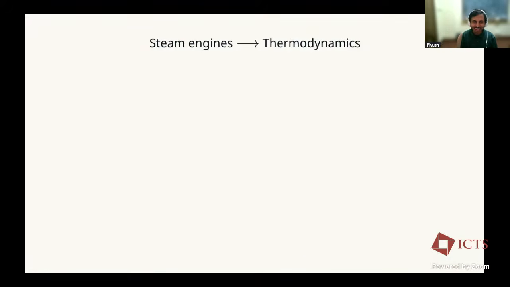To end, let me say that very often very foundational advances in science have come from what at the time maybe looked like some mundane changes in technology. Steam engines, a very important invention in the technological sense, also led to the development of thermodynamics, which is arguably the most fundamental thing in physics.